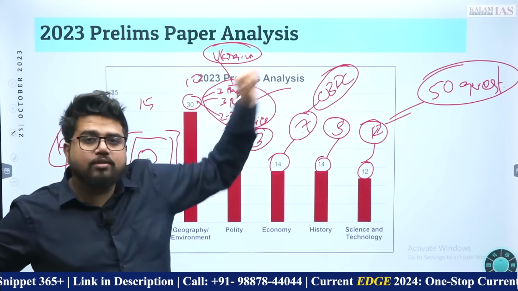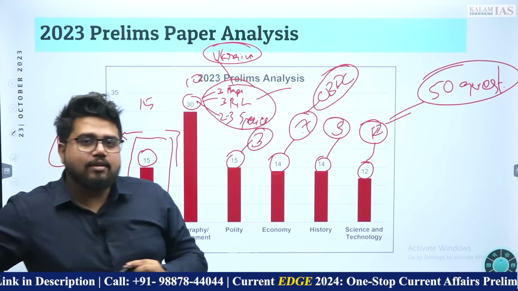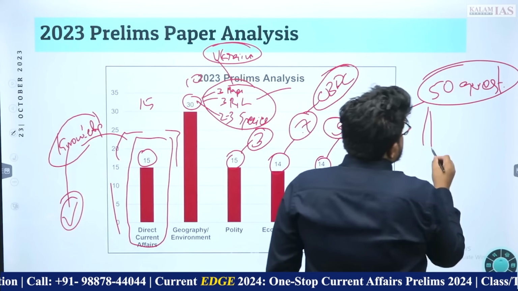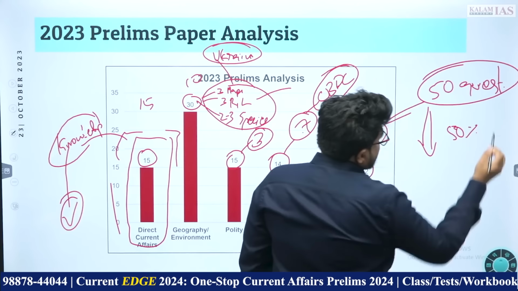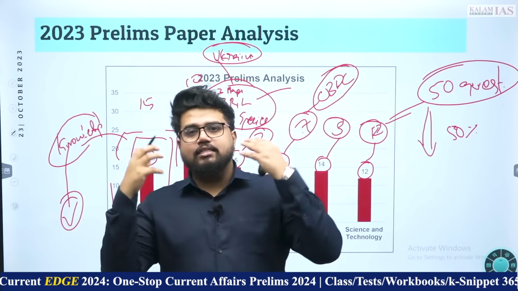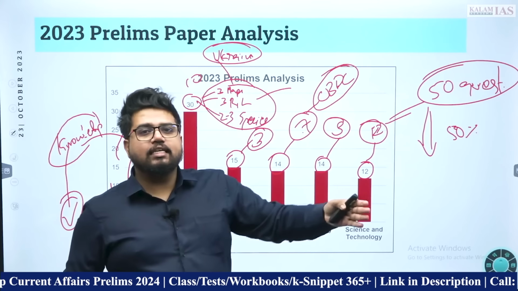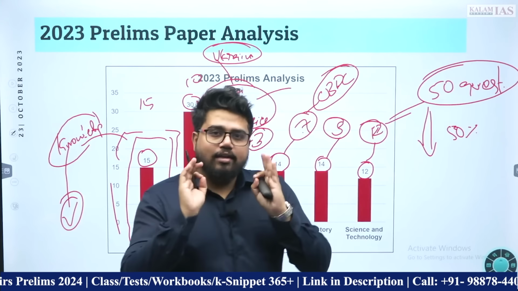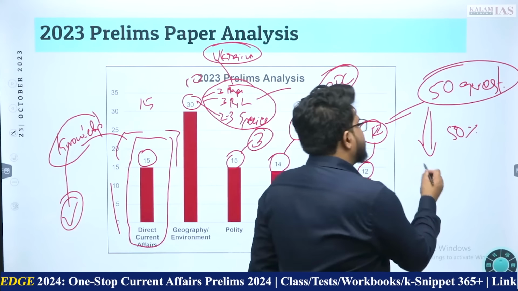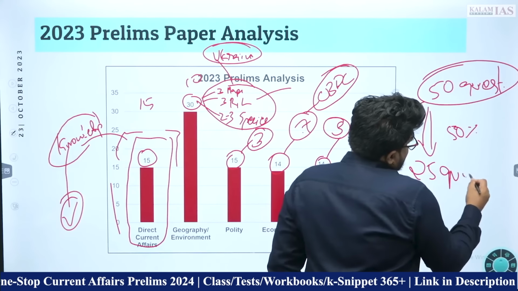Can you get these 50 questions right in the paper? Even if I assume that you have a 50% hit ratio in these questions, considering all the concepts which you don't know and all the negatives, removing all these aspects, if you maintain a 50% hit ratio, you have got 25 questions right.